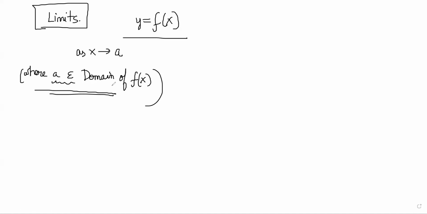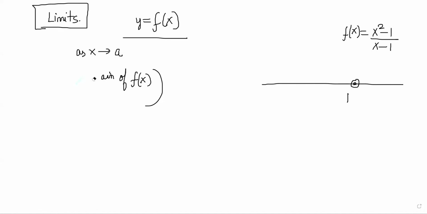Like, for example, you have a here, let's say it is 1, and your f of x was x square minus 1 by x minus 1, right? Yes, we can remove this condition also. It doesn't even have to be in the domain. For example, here, 1 is not in the domain of the function.